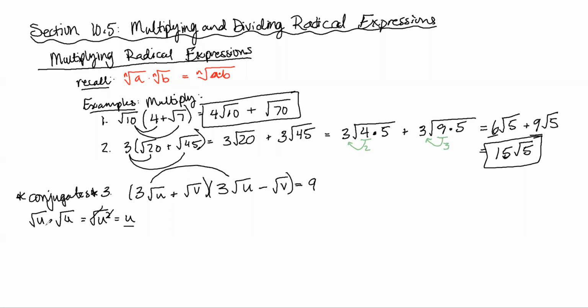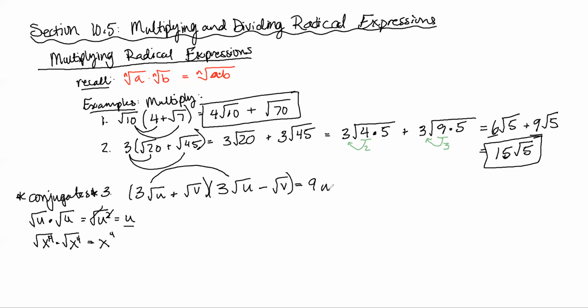So you get whatever's on the inside. So if we had, let's say, the square root of x to the 4th times the square root of x to the 4th, we get what's on the inside, so we just get x to the 4th. So instead of having to go through this middle step here, I'm going to skip that and go straight to the final answer. So we just get a u.